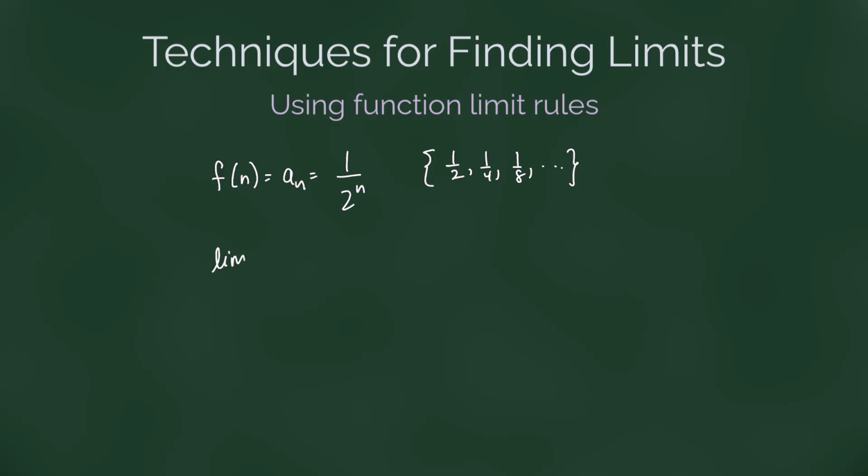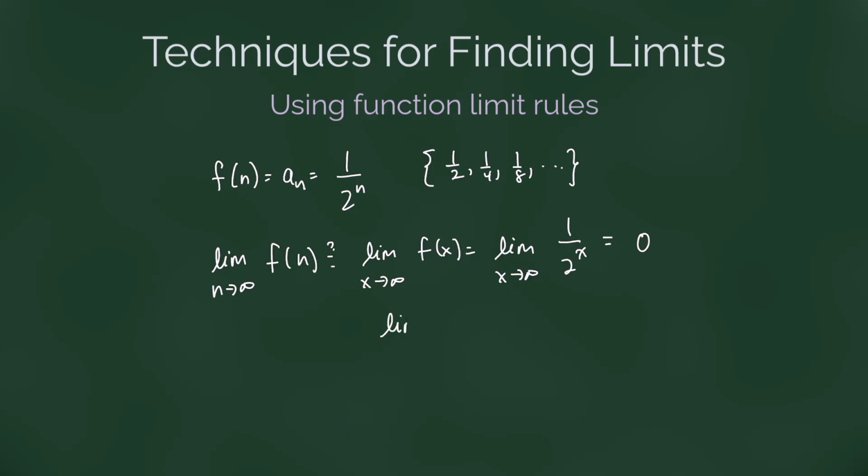Using our rule, we know that the limit as n approaches infinity of f of n is related to, and perhaps equal to, the limit as x approaches infinity of the function f of x, where that function is 1 over 2 to the x. But we know that as x goes to infinity, 2 to the x gets infinitely large, which means that we're dividing by a very large number and this limit is 0. Therefore, we can conclude that the limit of the sequence is in fact 0.